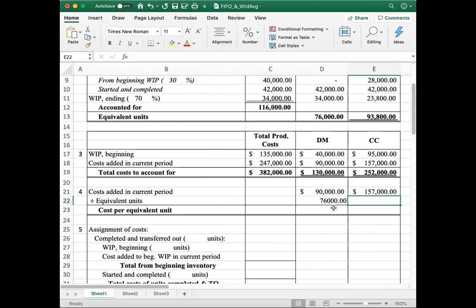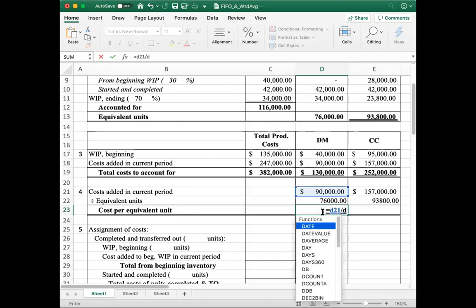For conversion cost, the number of units is 93,800. Now we are going to divide D21 by D22. So equal to D21 divided by D22.